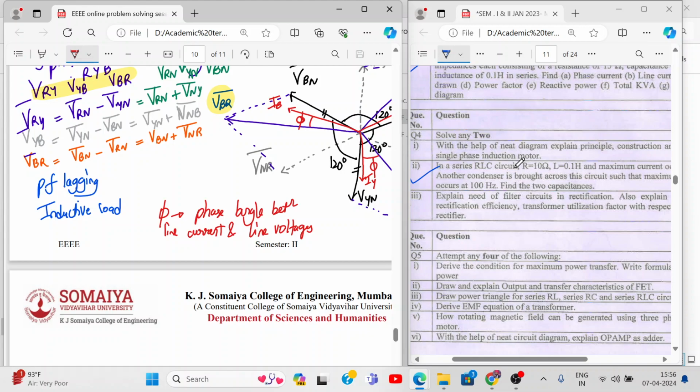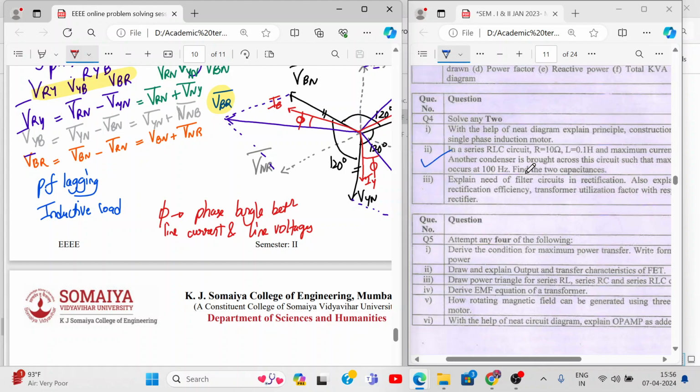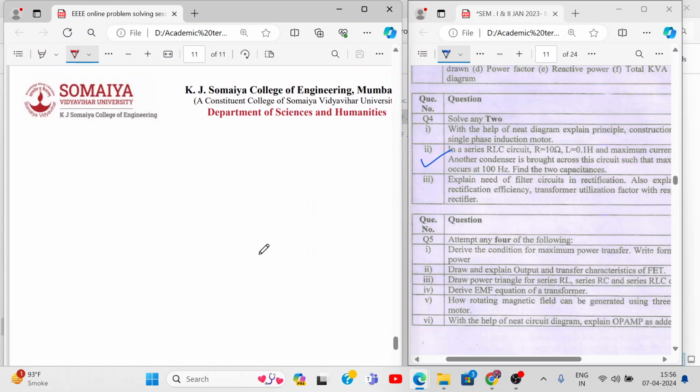So first of all, we need to find the condenser. How do the two capacitances come about? One is RLC and the other is RL. Again, the capacitor is in parallel with the RLC circuit. So we need to find both the capacitors. So let me draw, visualize it, and show it to you. So this is question number 4, second part, RLC series circuit.